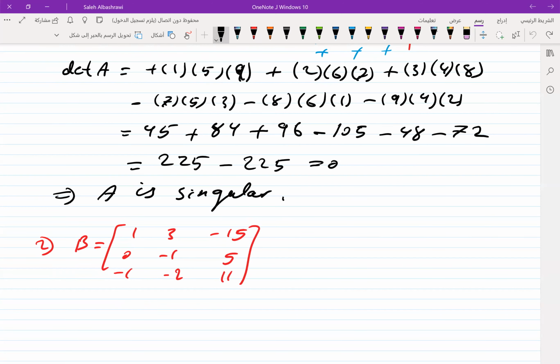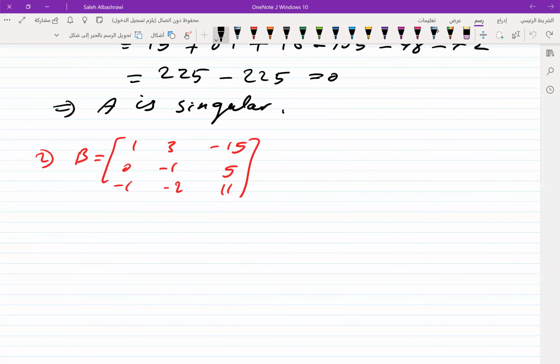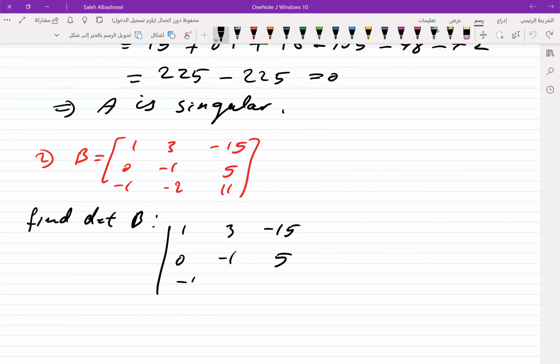Let's check the determinant for this matrix. Using the same technique, I have 3, minus 5, 15, 0, minus 1 and 5, minus 1, minus 2, 11. To find the determinant, I'm going to duplicate the first and second column.